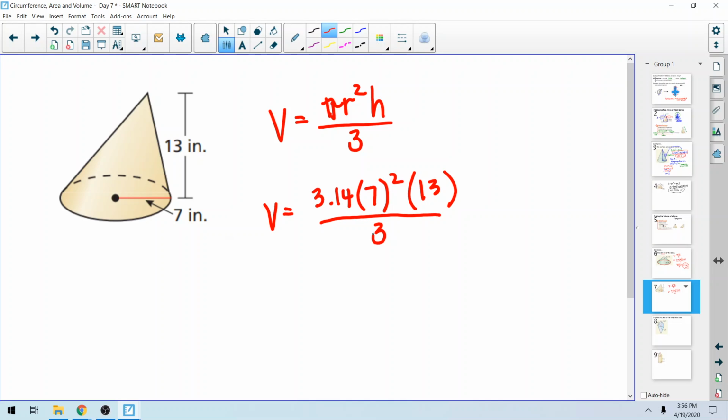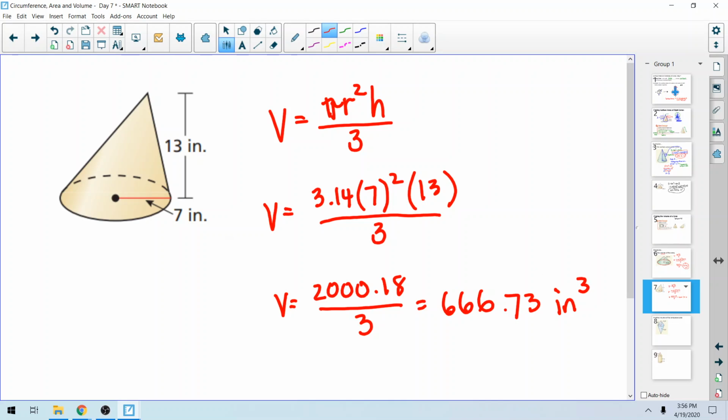So on the top, 3.14 times 7 squared times 13. And I'm getting 2,018. But then we still have to divide that by 3, or take 1/3 of it, which is getting us 672.73. I'm going to round this to 73 because I actually got 672.666 repeating, and then the 6 repeats. And then we're talking about inches cubed.